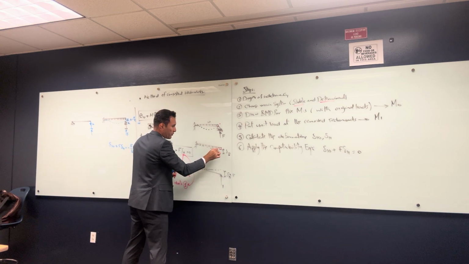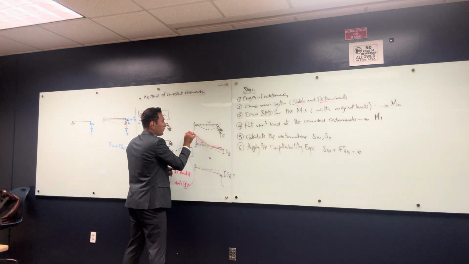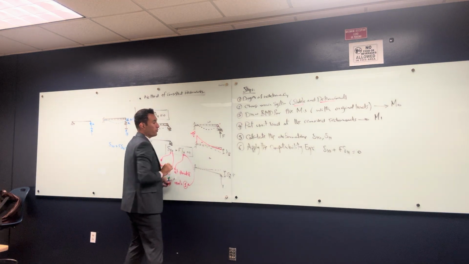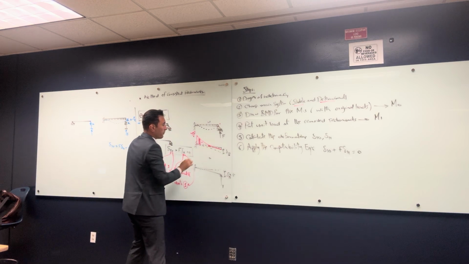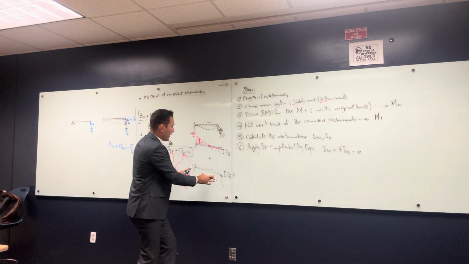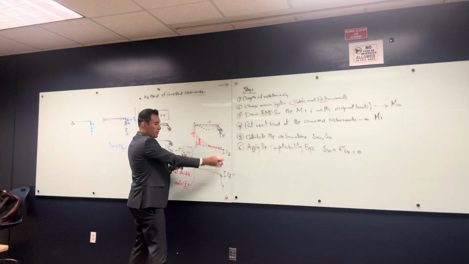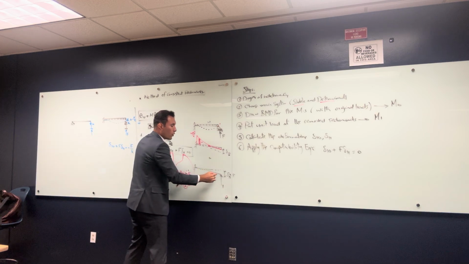Okay. Number three, I draw the bending moment diagram of this. The bending moment diagram of this beam is something like this, and it's negative, and this is WL squared over 2. That's the bending moment diagram. Number four, put a unit load at the removed redundant. Okay, I take this beam, I remove all the loads, and I put a unit load, and then draw the bending moment diagram.